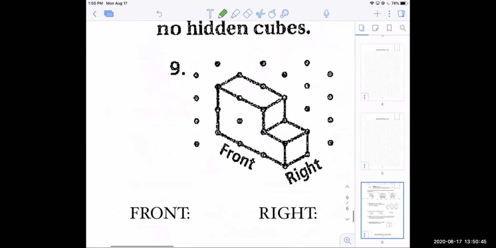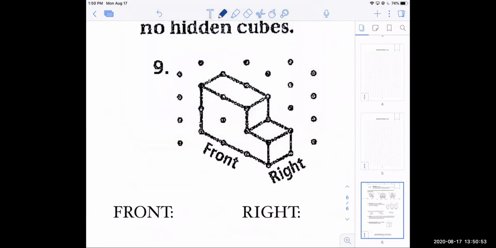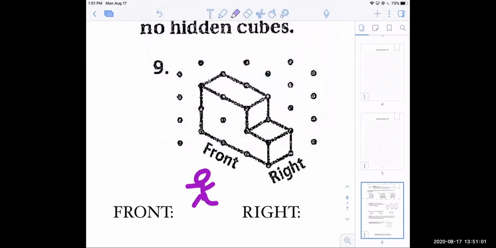So what does the front view mean on this one? You're looking for the front position. If you took a picture of it, what is the shape that you would see? So it would be this guy.